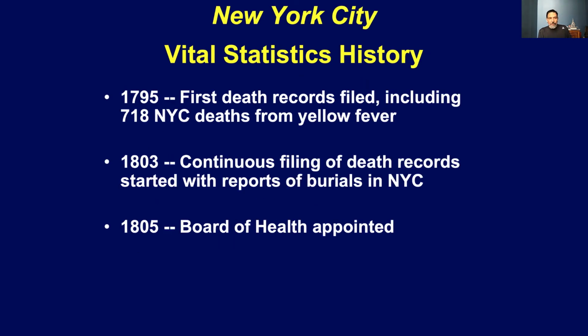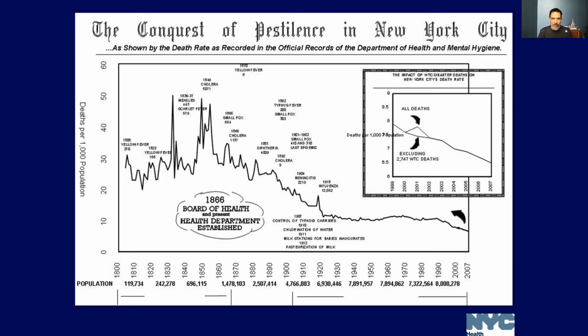In New York City, you might remember from the history that we covered a few weeks back that they started recording deaths as far back as 1795, and then began compiling continuous death records in 1803 by requiring reporting of burials around the city. And in 1805, the Board of Health was appointed to oversee this registration work.